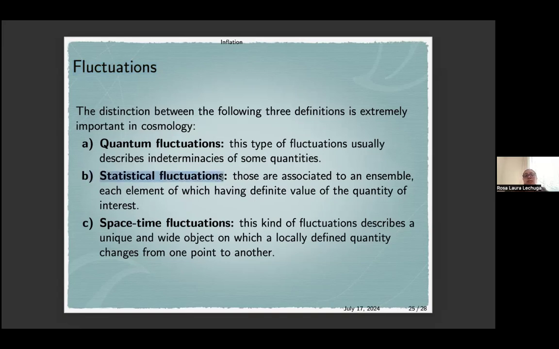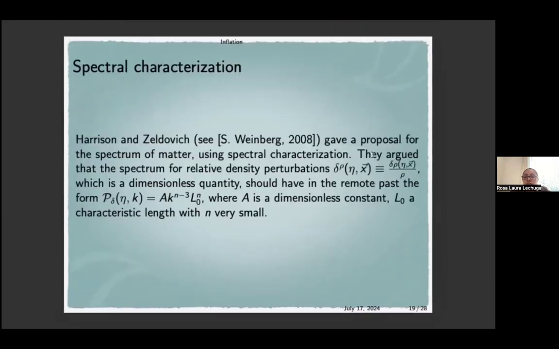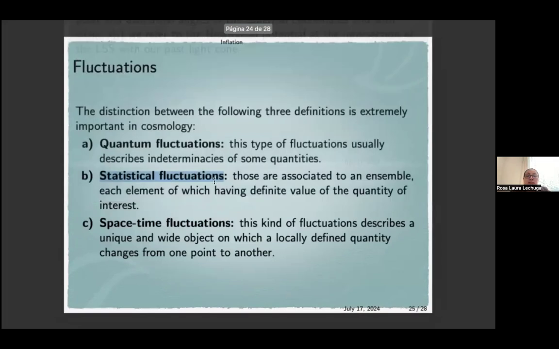because the statistical fluctuations, as the fluctuations that Harrison and Zeldovich consider for their spectrum, are known as statistical fluctuations, taken in an ensemble. Those are associated to an ensemble, as in the case of the densities, and each element has a different value. I mean, a different weight.